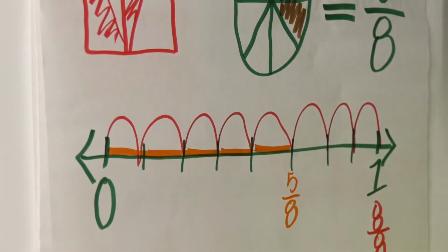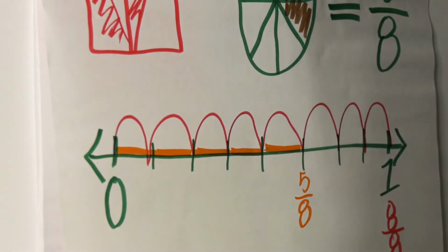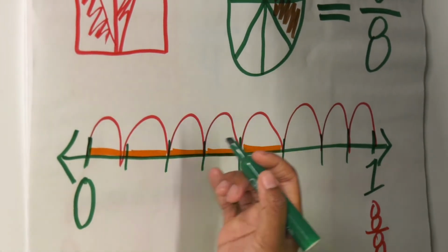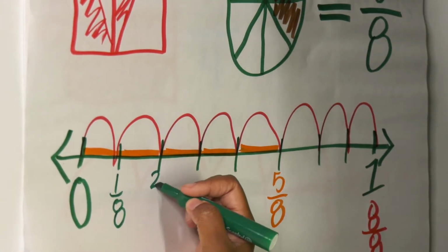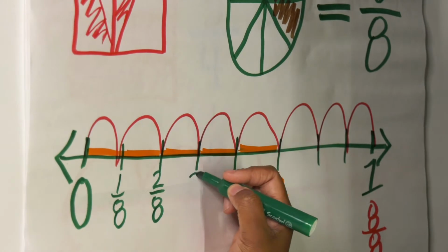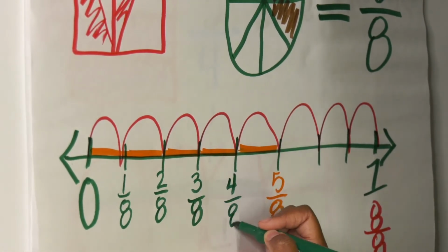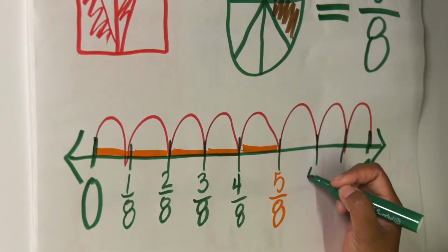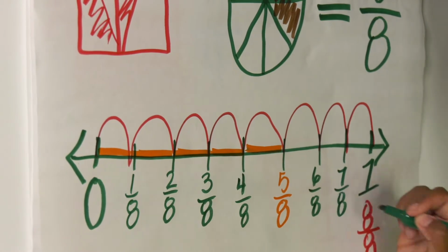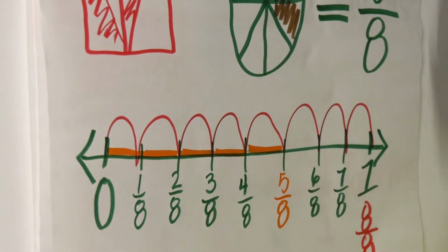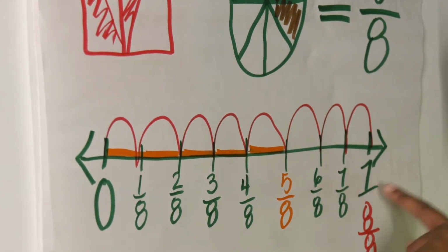Now we're going to label our number line. That was 5/8. So now we have 1/8, 2/8, 3/8, 4/8, 5/8, 6/8, 7/8, and 8/8 is equal, or equivalent, to 1 whole.